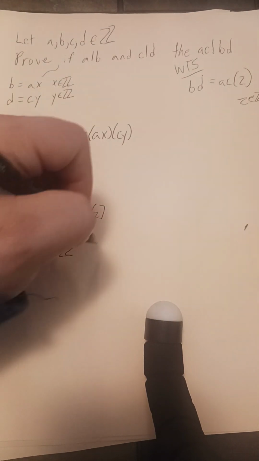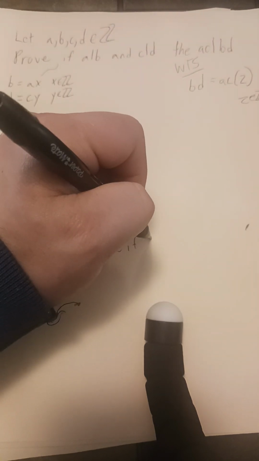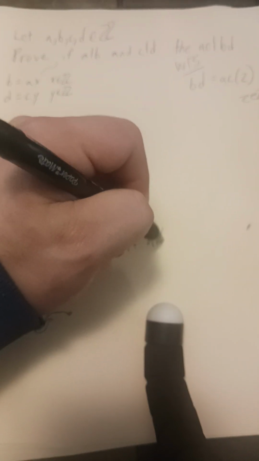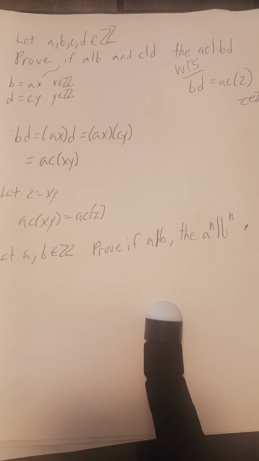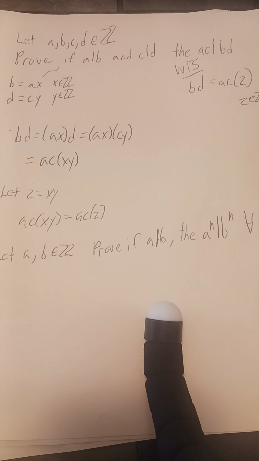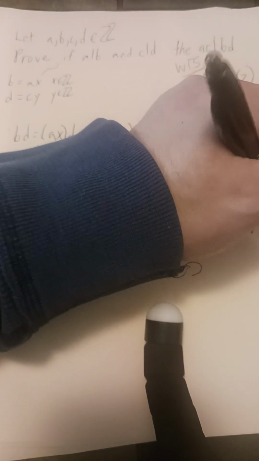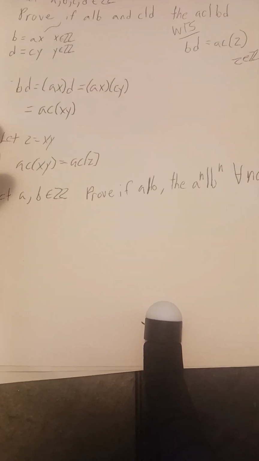Prove: if A divides B, then A to the N divides B to the N for all N inside... Dang it.